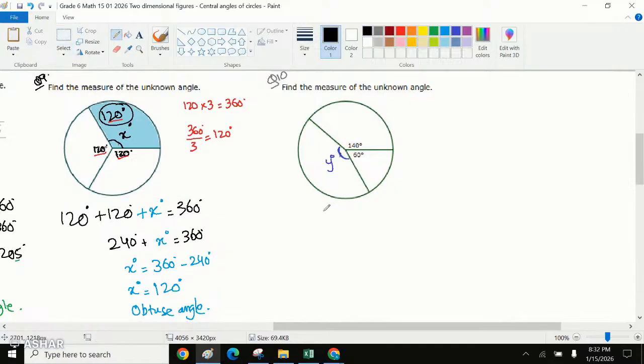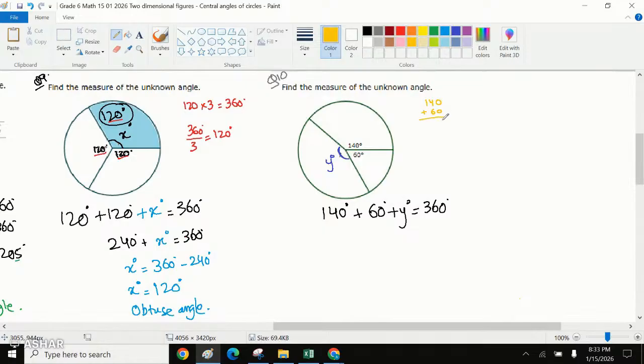Can we say 140 plus 60? Agreed? So what is 140 plus 60? 14 plus 6 would be 20, right?